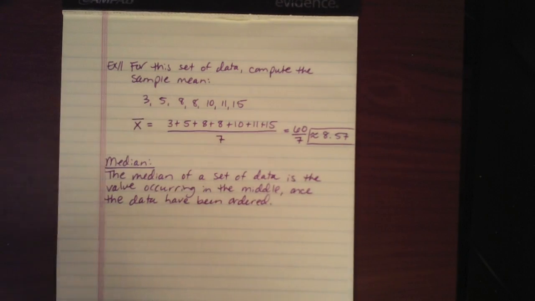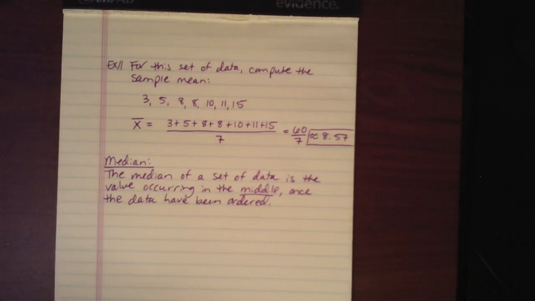And it doesn't matter which way you order them. You can order them low to high or high to low, but once they're in order, whatever the value is that's in the middle, that's the median.